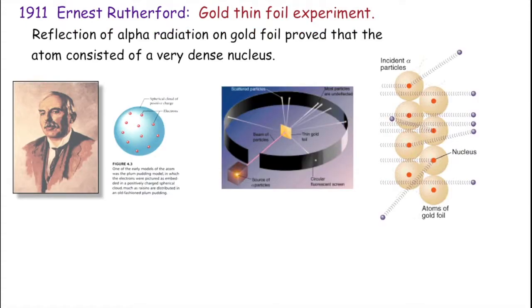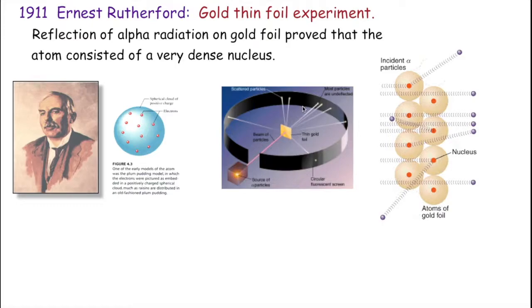The experiment basically showed that if you take some radiation and bombard a very thin gold foil with that radiation, then that radiation will pretty much go through that gold foil, because if an atom, as Thomson proposed, is mostly empty space with a few electrons, then the radiation should just go past the gold foil undisturbed, maybe with a few minor deflections.